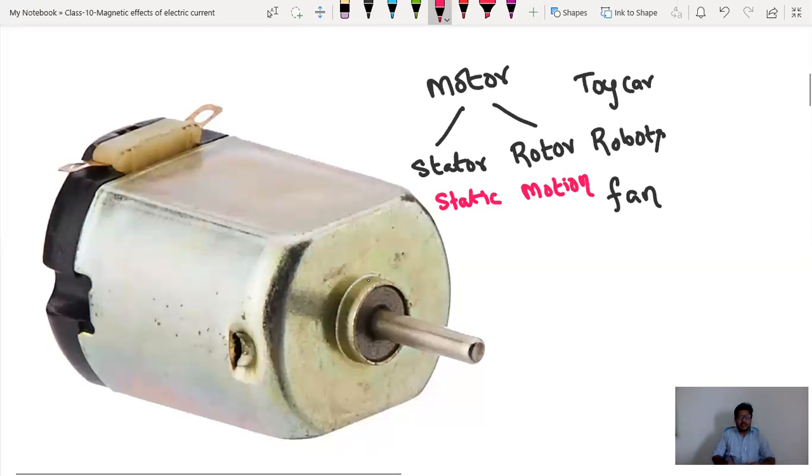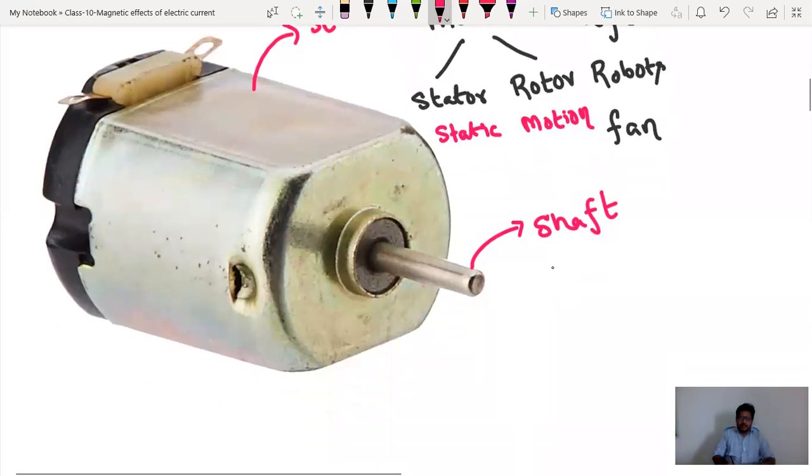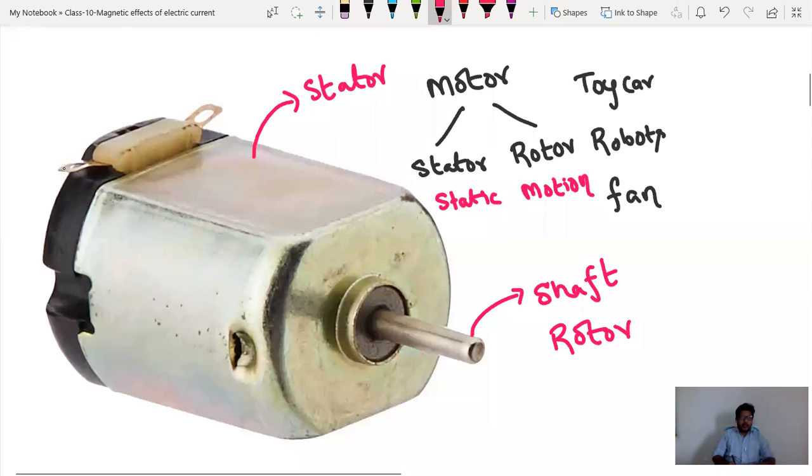If you see this DC motor, this entire part is the stator, and you can see one small rod. Actually you should not call this a rod, this is the shaft. We have to call it the shaft, and this shaft is the rotor. This is the only part you can observe in motion. Here you have two terminals.